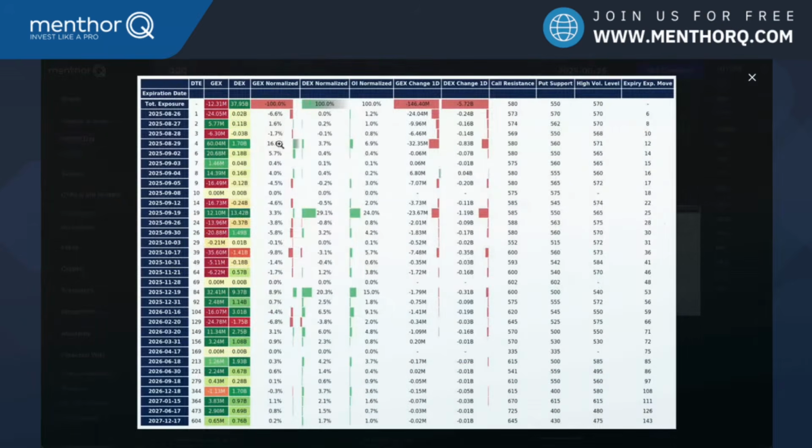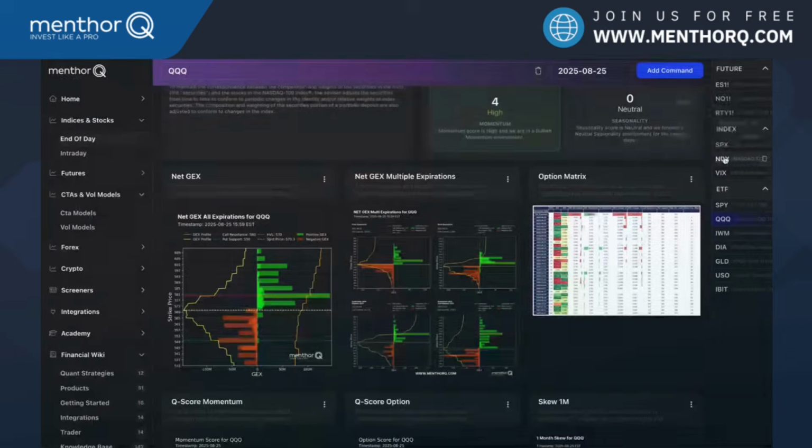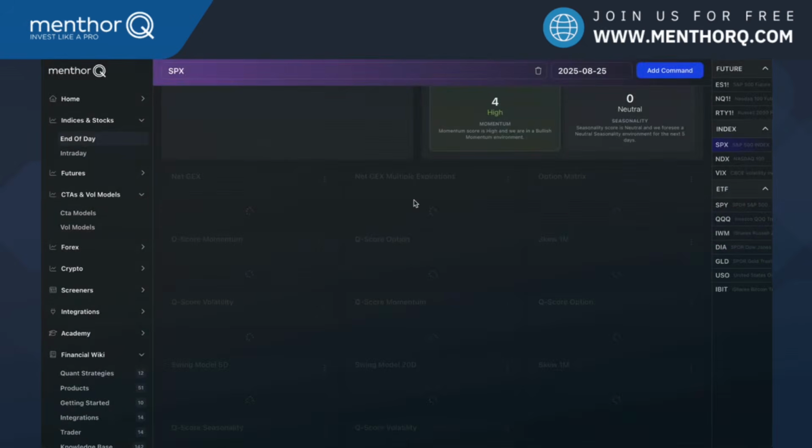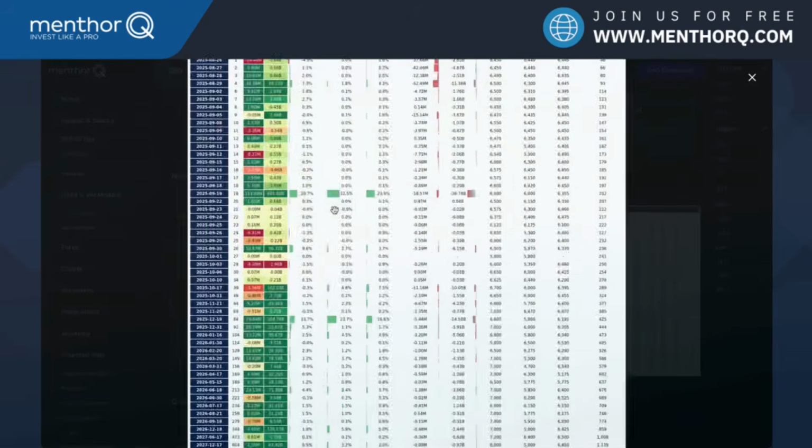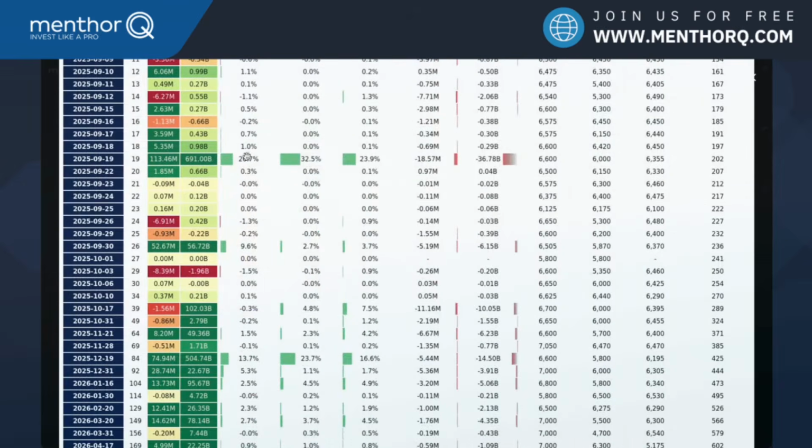Sometimes if you look at OPEX, now this one is actually not OPEX, but normally if we take SPX, during OPEX we have about 15-20% of options expiring. So here, for example, this is the September OPEX, you have 20% of options expiring.